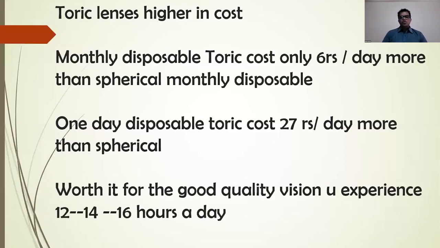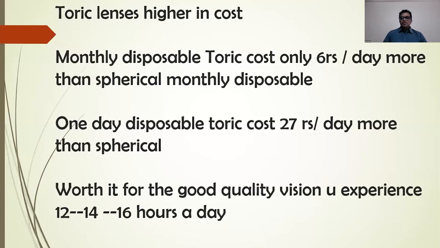Okay, so someone who has a good affordability of a one-day disposable, if he's spending say 300 rupees a day or 350 rupees a day on a toric lens, obviously that 27 rupees is probably 10% or 15% of the cost for him over the spherical lens, which is giving him more quality vision throughout that 12-14 hours in a day.